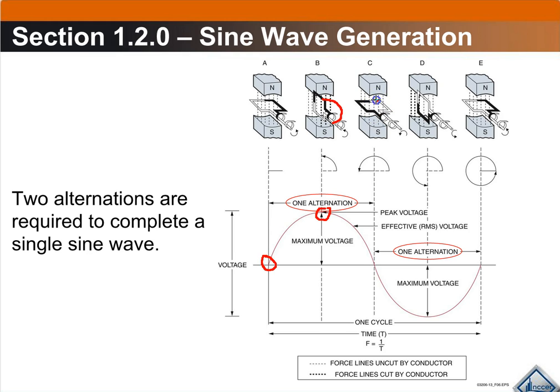Then as they continue through these magnetic lines of force and somewhat dip back out of them, they're back down to zero, and then this armature hits the southern pole, which pushes the electrons in a different direction. It continues this cycle of the peaks and the valleys 60 times a second, and that's one complete cycle. Maximum voltage is at 90 and 270 degrees.